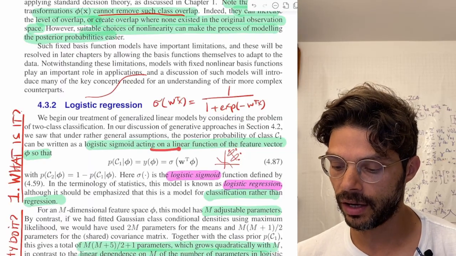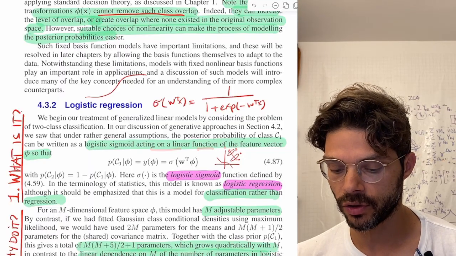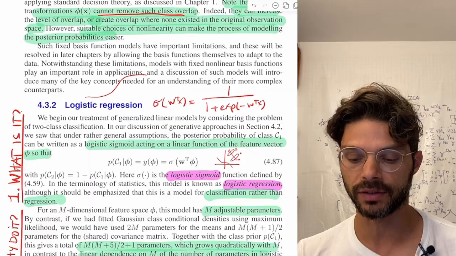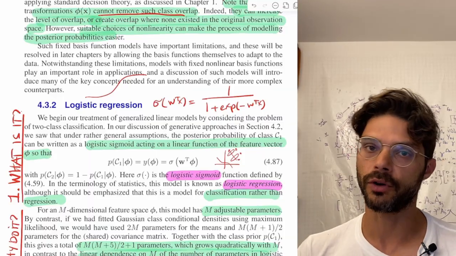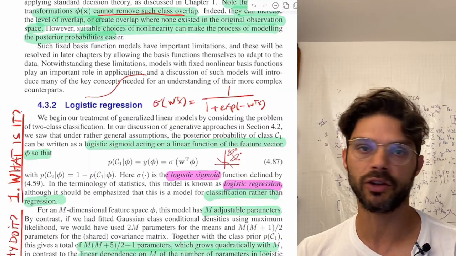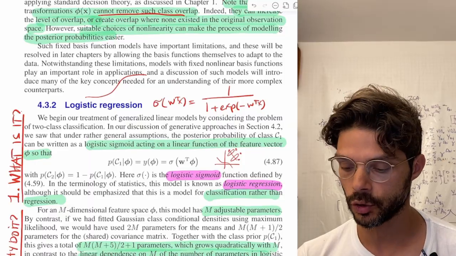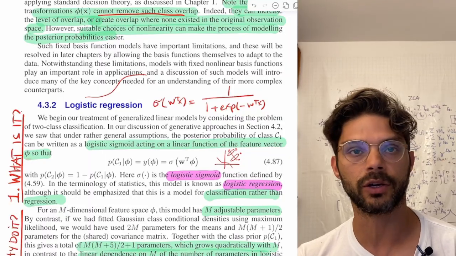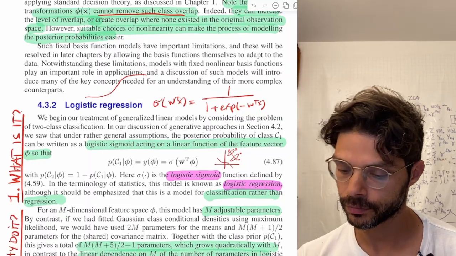And it was acting on, importantly, a linear function of the feature. In that case, we're looking at the raw values, but as we discussed in the previous section, instead of the raw values, you can perform some fixed nonlinear transformation and work on features. We'll be referring to them as phi; you could put in x, whatever it is that you want.